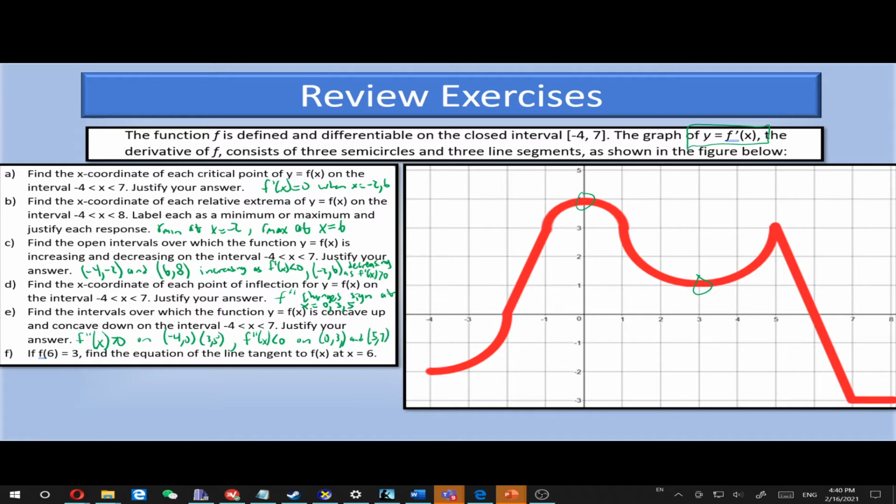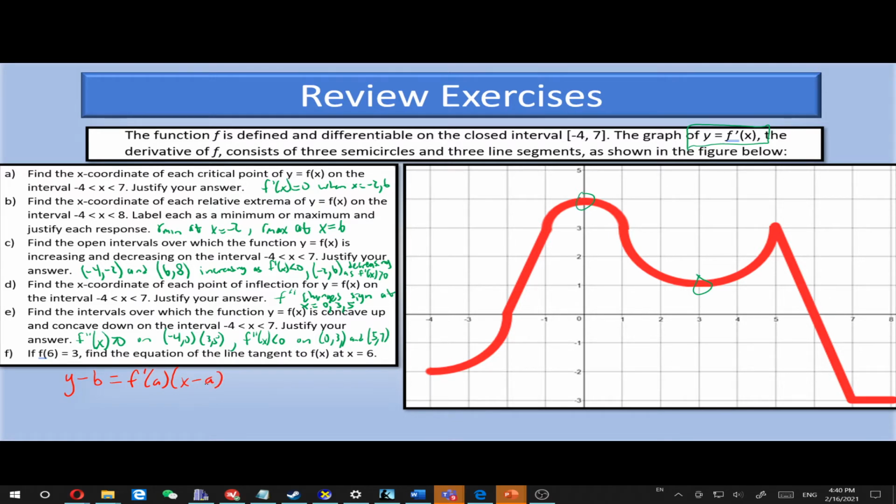If f of 6 is 3, what would our equation of a line tangent to f of x be at x equals 6? What's our equation of a tangent line first? y minus b equals f prime of a times x minus a.